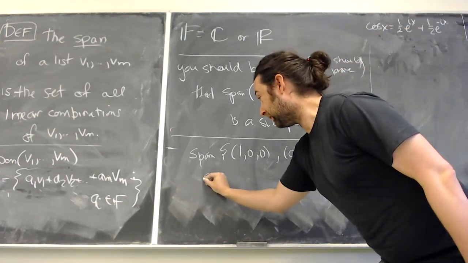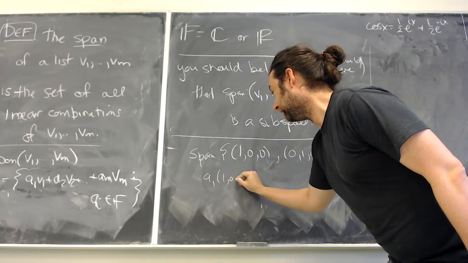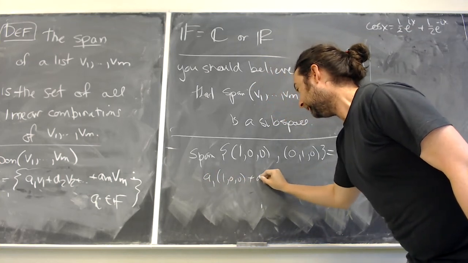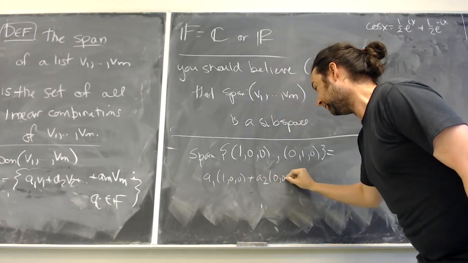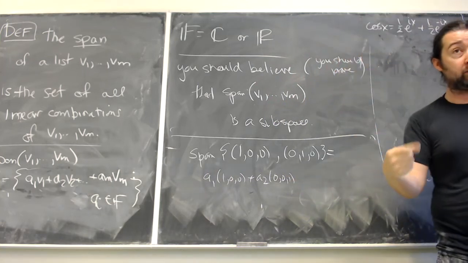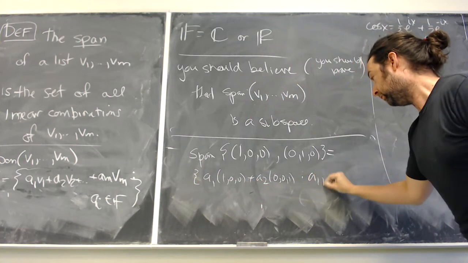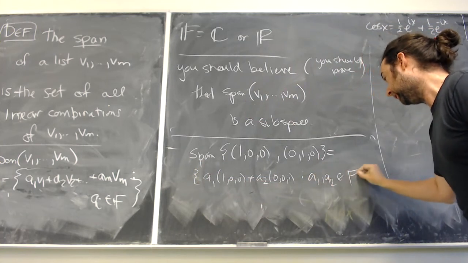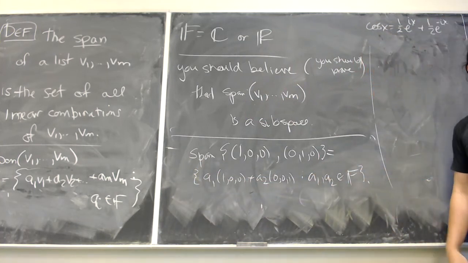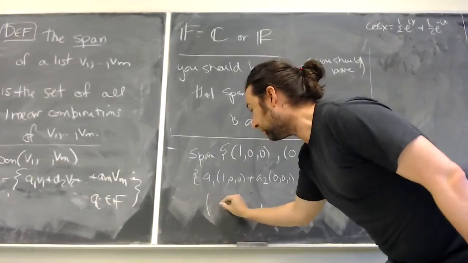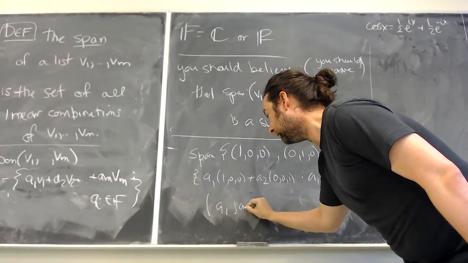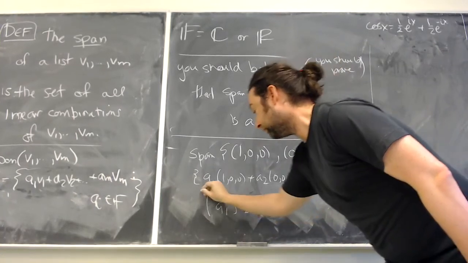Okay, so the first thing you would say is, it's A1 times 1, 0, 0 plus A2 times 0, 1, 0, but for any choice of A1 and A2. So it's the set of all of these guys where A1 and A2 are in the field. Which you can reduce to things that look like A1, A2, 0.